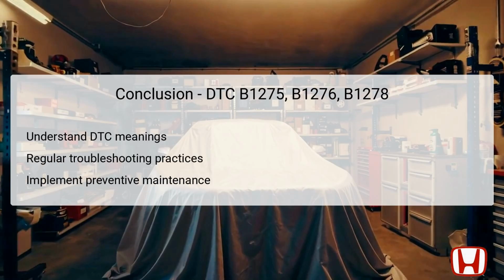In conclusion, understanding the DTCs B1275, B1276, and B1278 is crucial for identifying headlight circuit malfunctions in the 2023 Honda Accord. Proper troubleshooting practices involve thorough inspection steps that target the headlight switch and body control module, ensuring each component functions correctly in tandem.